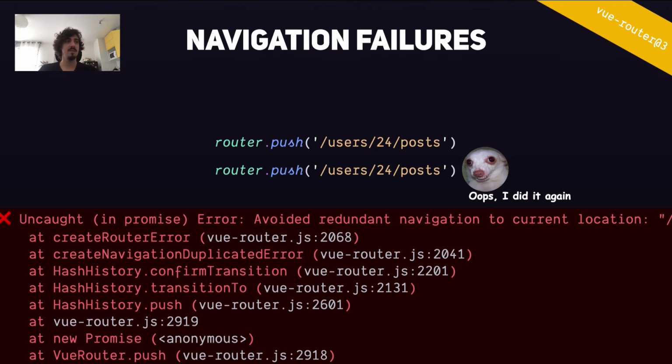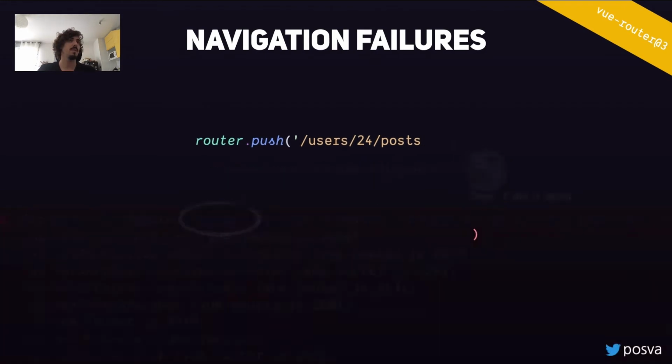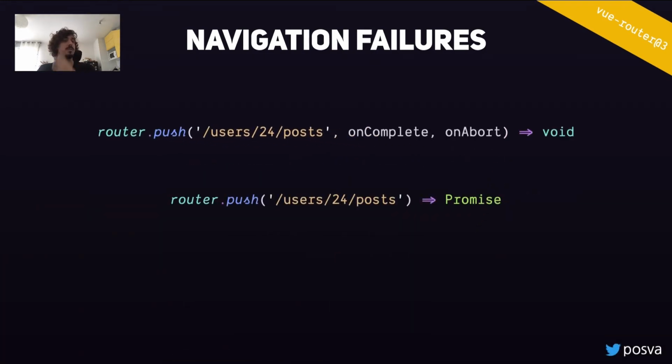But it can be confusing because you have the word error there. So where does this come from? This comes from the older version of router push that accepted two callbacks, because at the time there were still a lot of browsers that didn't support promises, so it was interesting to support promises and also callbacks.